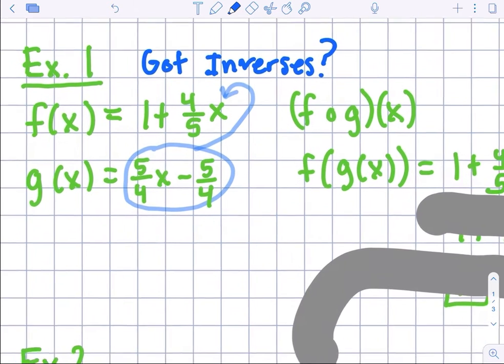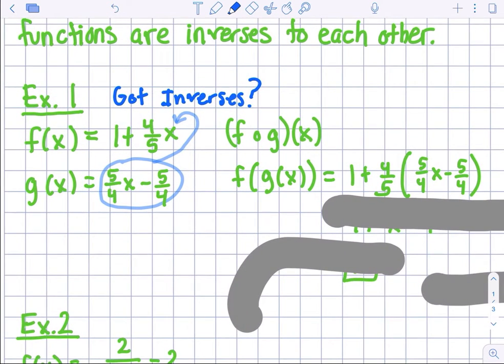So when we take a look over here, we're going to have 1 plus 4/5, and this x is now all of that, which is how we get this right here.